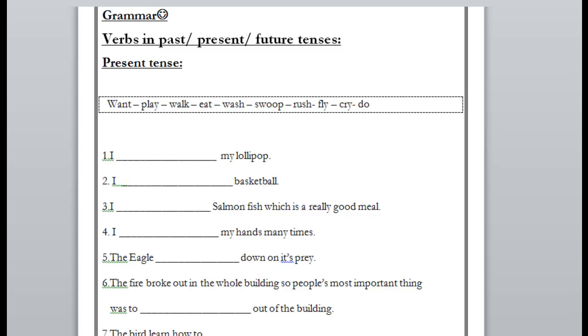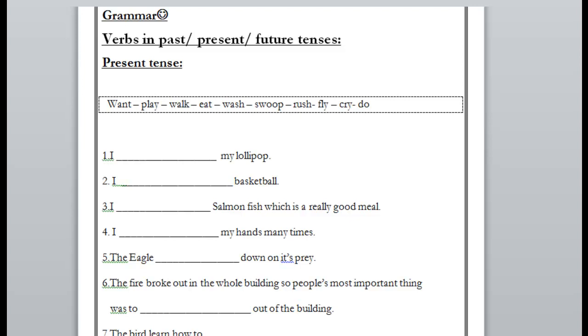If we take a few examples for the future tense that I told you guys, we take the what? We take the present tense, but without any additions, even with he or she or it. So if it's eats or washes or rushes or cries, we remove the s from it, okay?